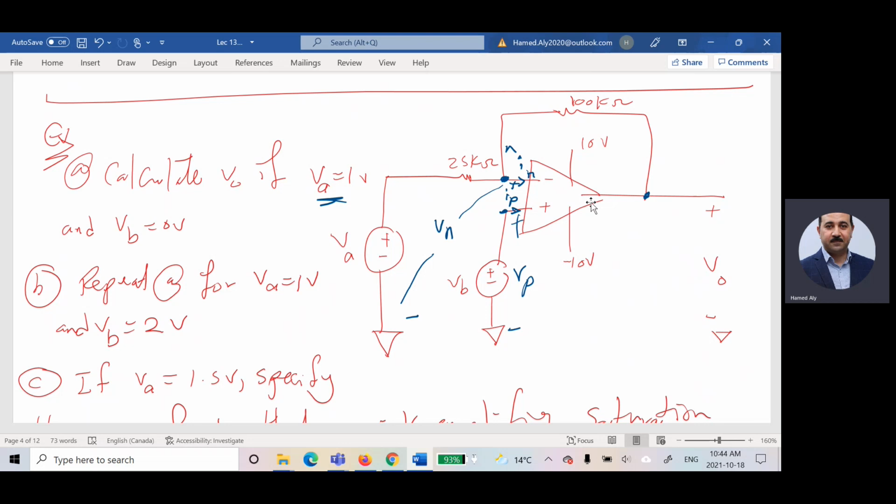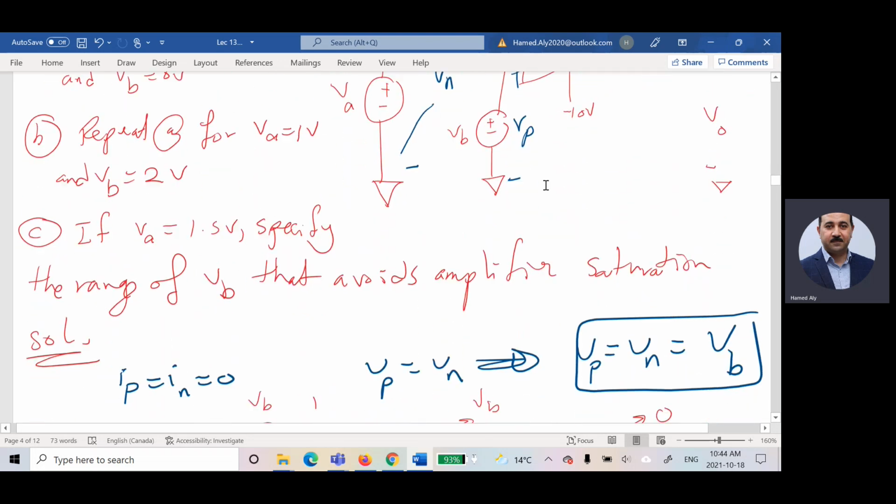Let us see where is IP and where is IN. IP is the current in that branch, and IN is the current in that branch. So IP is the current connected to the positive, and IN is the current connected to the negative. So what am I going to say? I'm going to say IP is equal to IN is equal to 0, and I'm going to say VP is equal to VN.